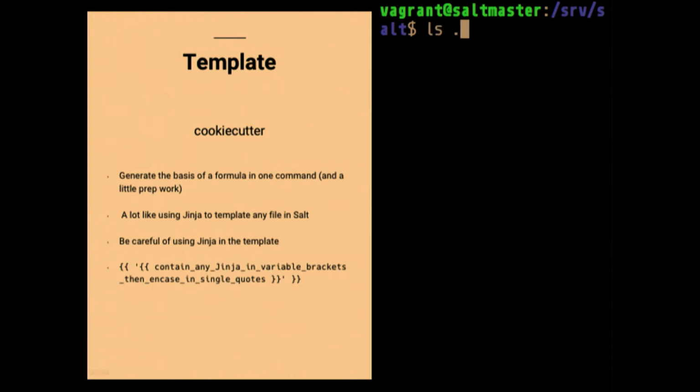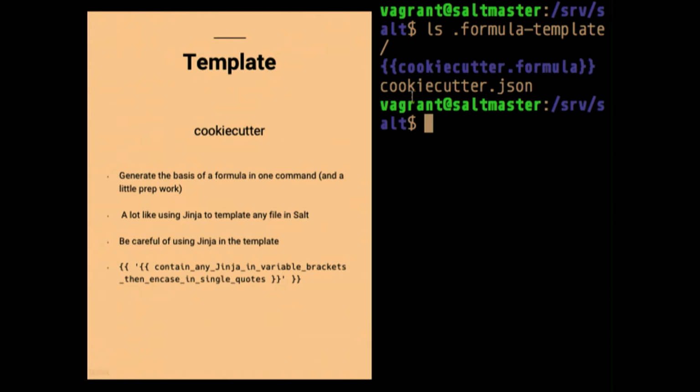If I take a look at that actual formula template directory that we built this off of, you'll see something familiar, this double curly bracket, cookiecutter.formula. Well, if you've used Jinja, you know that's how you pull in a variable. And this variable here happens to pull in that firewall D formula name that I input.